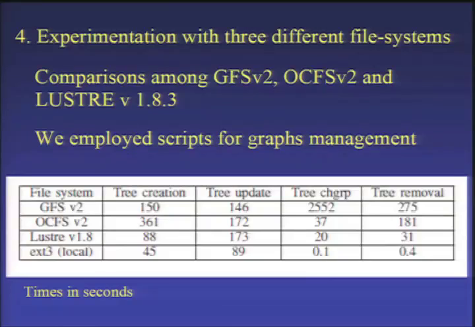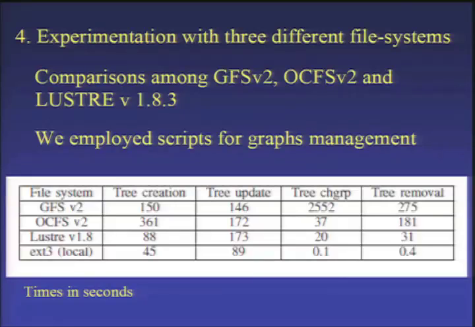Now a bit of experimentation and the history. Before landing on Lustre, we started with GFS, and we couldn't make it work with our applications. We also tried OCFS, the Oracle file system.